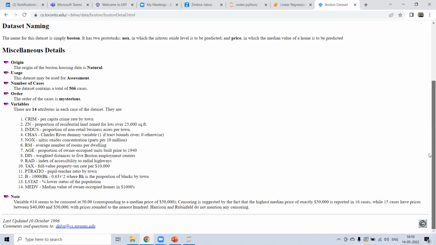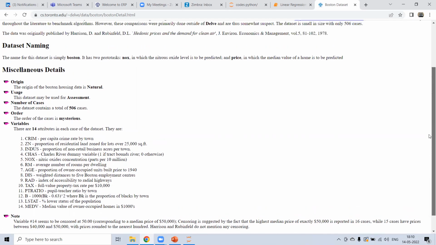The target variable is the price of the house. Basically, it is not written here.